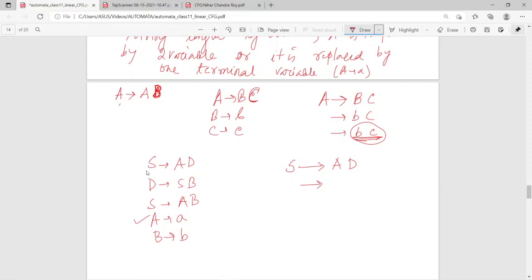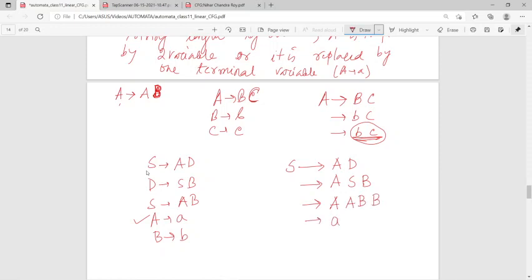So the thing is, from A, this is A and D is produced, and in place of D we can again write, say, SB. Then that will be incremented by 1, and say again we can replace A with AB.